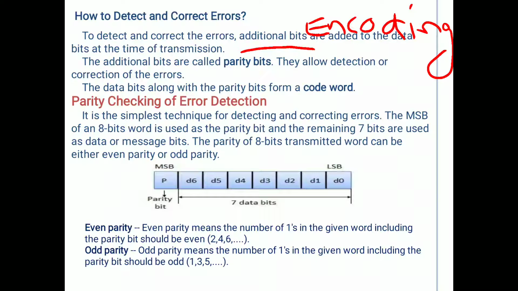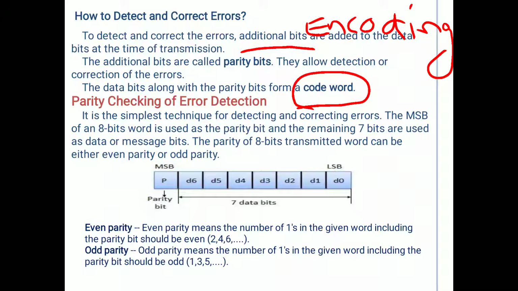Another important note is the code word. So what does code word mean? The original data is there, and for that original data we are appending some redundant bits or parity bits. So now we have complete data, the data along with the parity bits. That complete thing is called a code word.